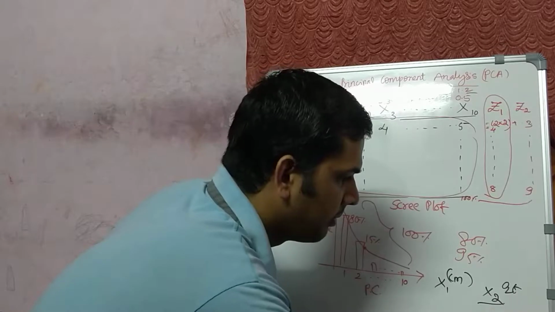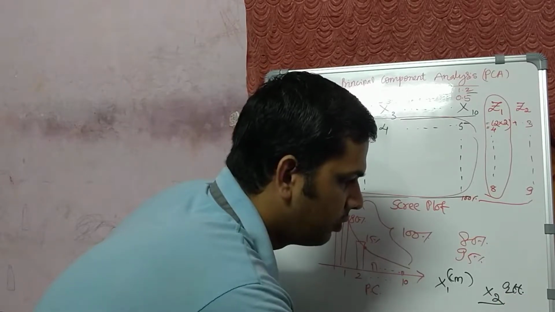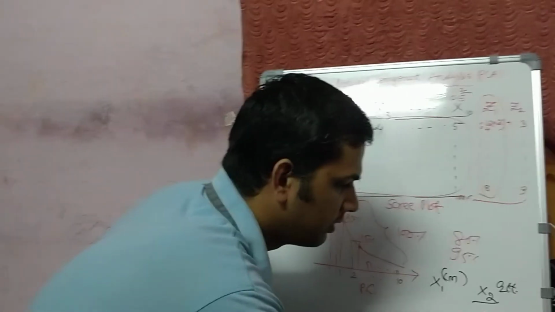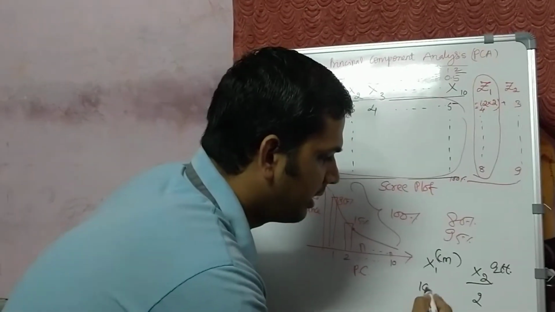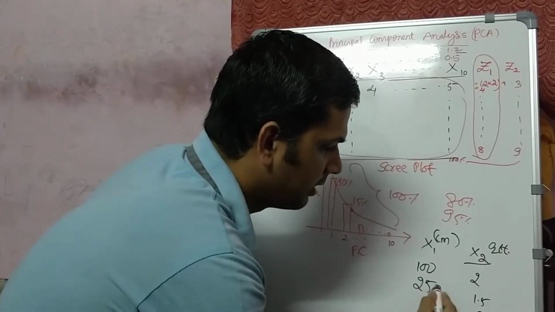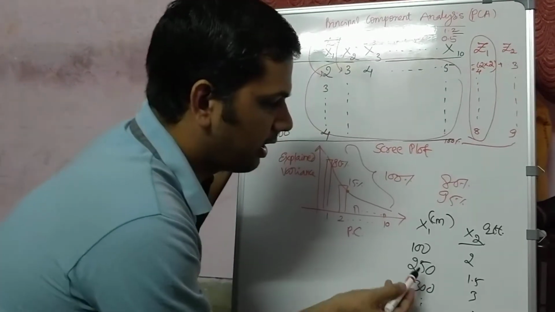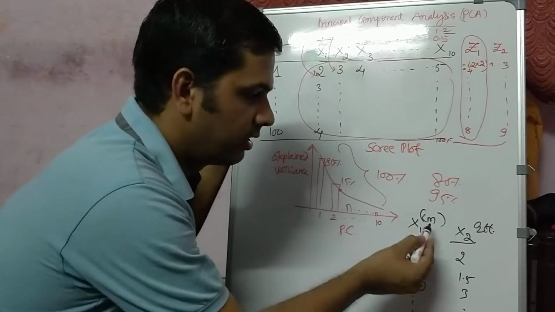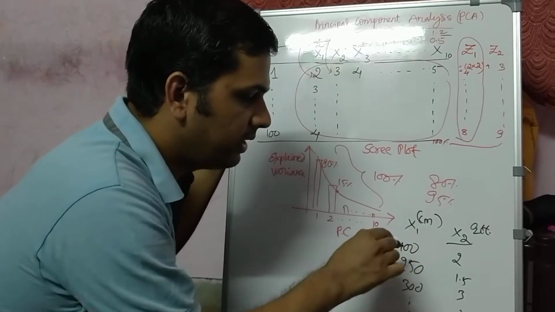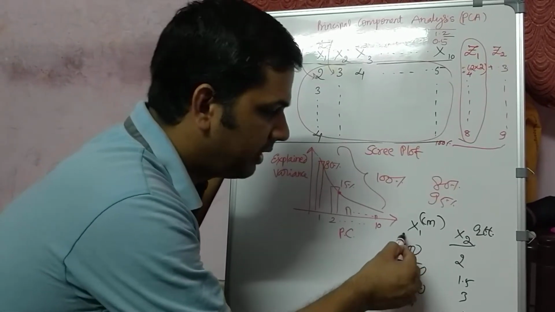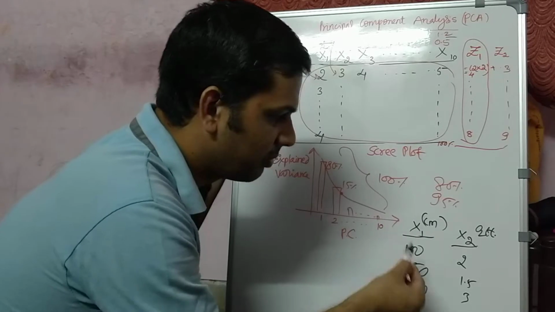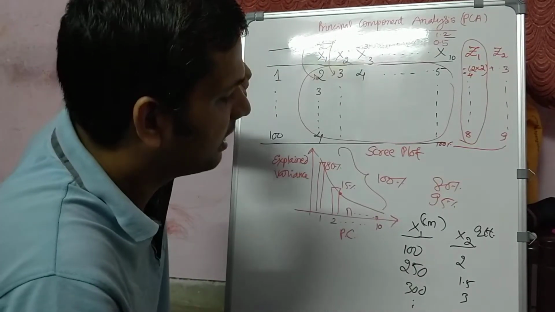Then the values will be like 2, 1.5, 3, but it may be like 100, 250, 300. So it gives higher loadings to this one, even though it may not be so important in this data set.